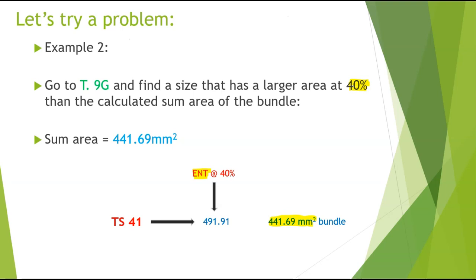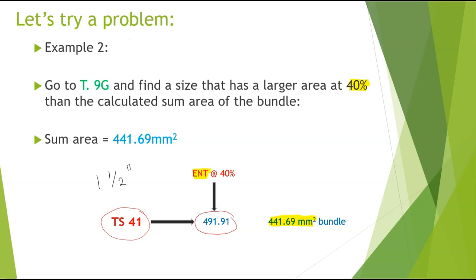And when we do that, we see that the next greatest number is 491.91. When we go to the left along that row, we see that that is associated with trade size 41 ENT. And once again, if we wanted to convert this into an imperial value, we'd go to the preface and we'd see that this is again 1.5 inch ENT.